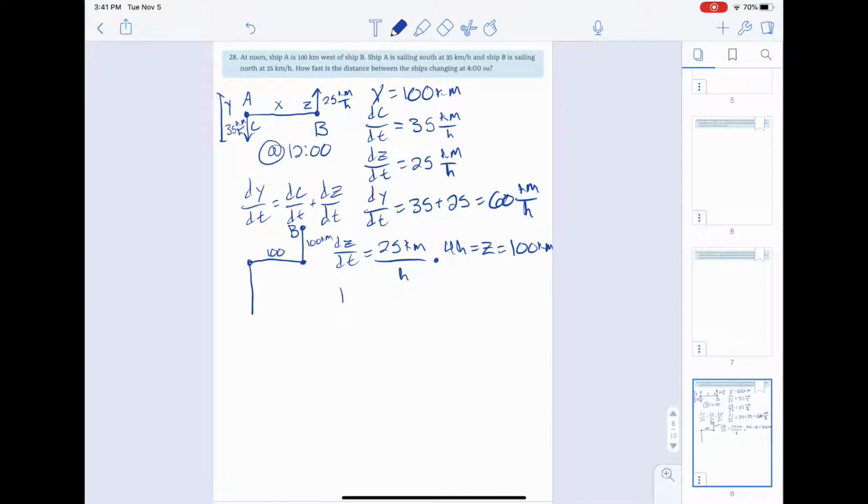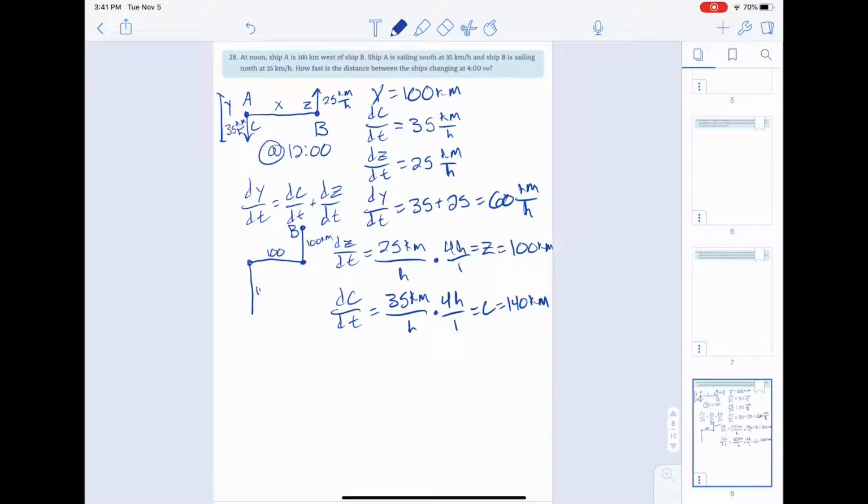Next thing we're going to do is find what our C value is. Derivative of C with respect to t is 35 kilometers an hour. And since we're going 4 hours still, just multiply that by 4 hours. And we get C is equal to 140 kilometers.